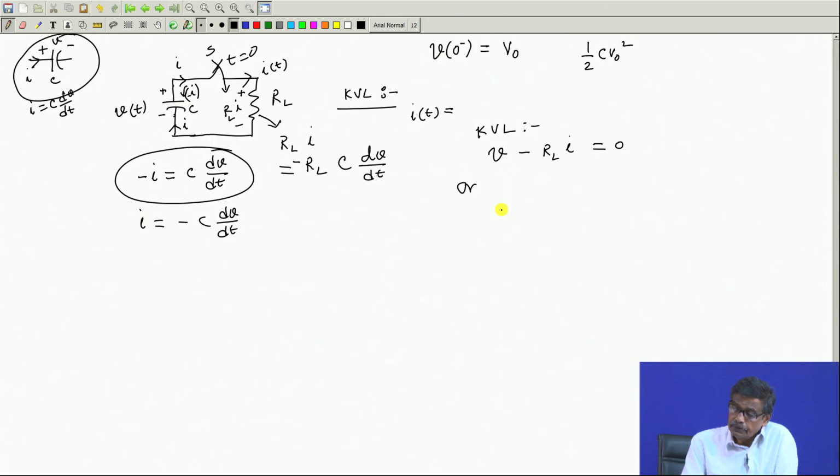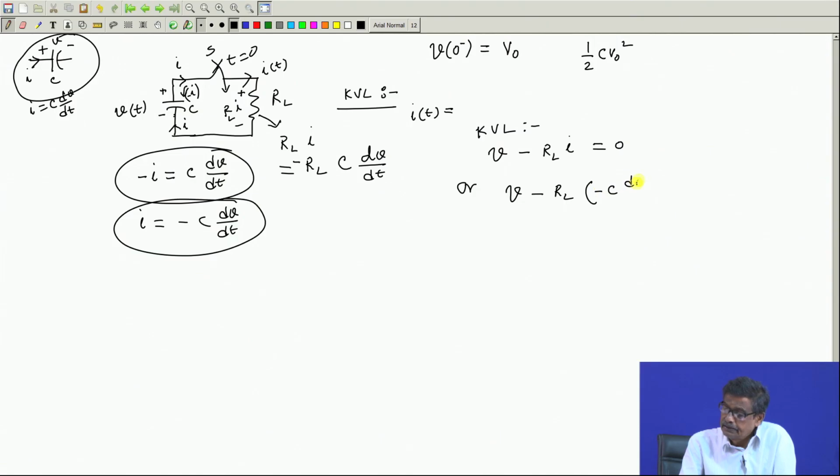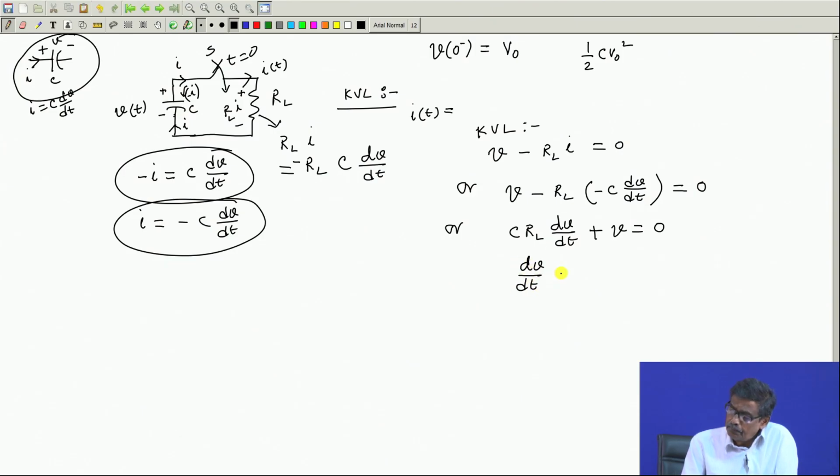Then what I do, I substitute the value of I. This is the value of I. So, it will be V minus R L, and for I will write minus C dV dt, and that will be equal to 0, or you will get C into R L into dV dt plus V is equal to 0, and then dV dt plus 1 over C R L into V is equal to 0.